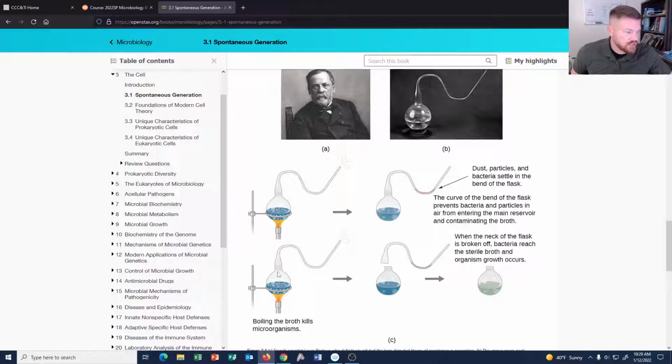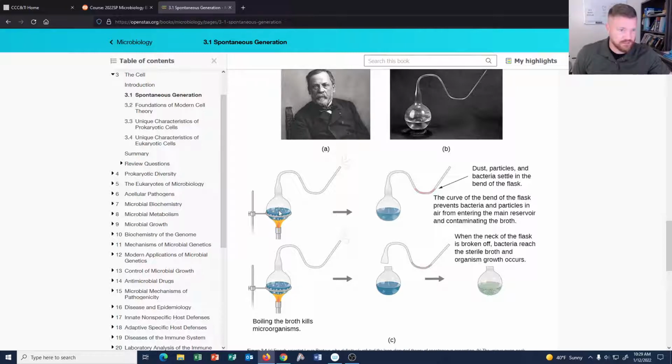Then he would come back and break the top of the flask off and let it sit, and then he would get growth. The other thing he would do is take the flask and tip it over after a certain period of time, collect some of this material, tip it back, and then he would also get growth. That showed us that something in the air is what's causing the growth, and it's not just life springing eternal from whatever organic products are in the broth.